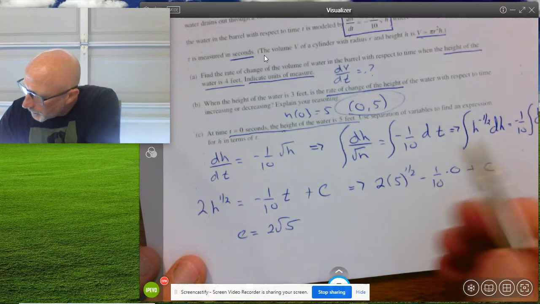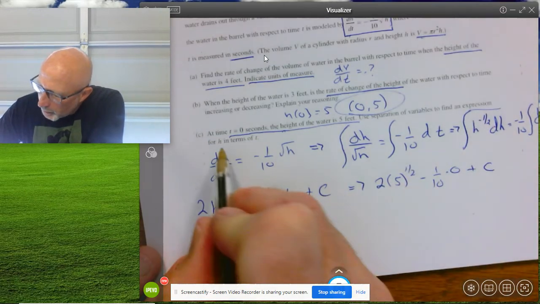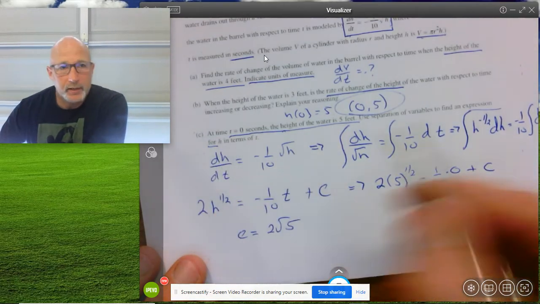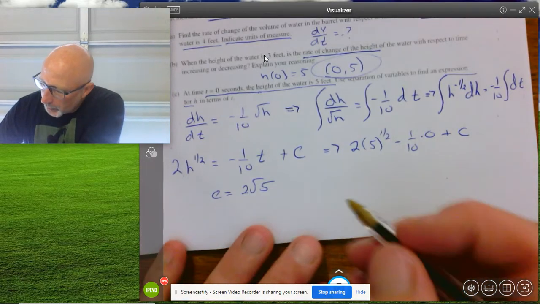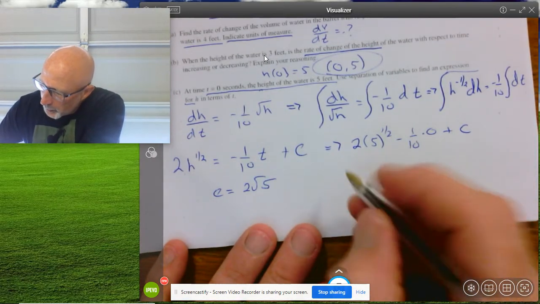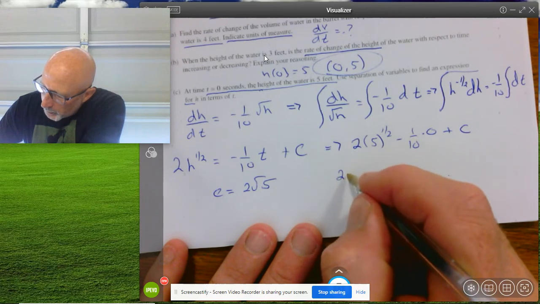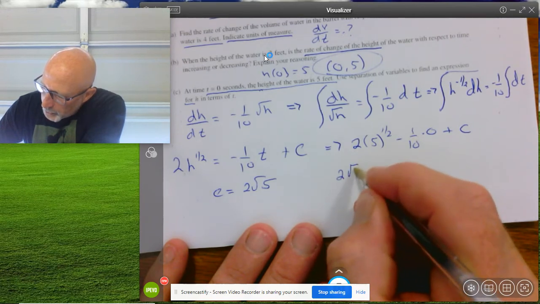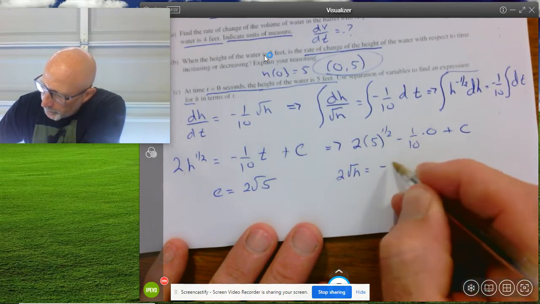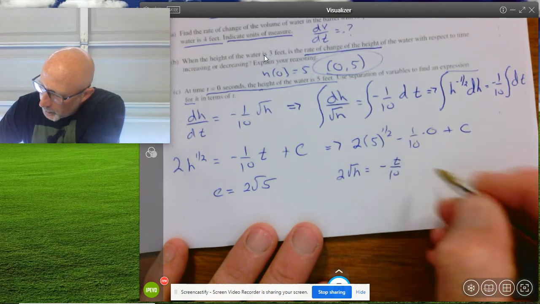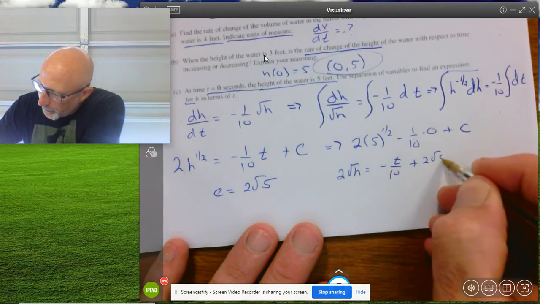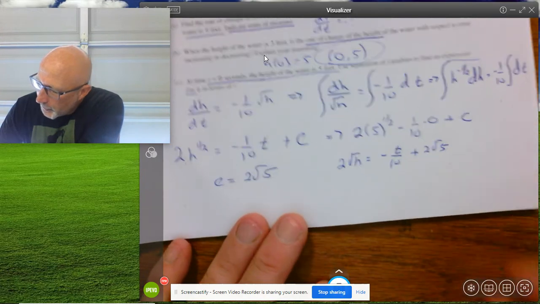Okay. Now it says, write an expression for h in terms of t. So you need to actually solve for h here. Okay, so plugging this back in, I have 2 times the square root of h is equal to negative t all over 10 plus 2 root 5. Okay, divide through by 2.